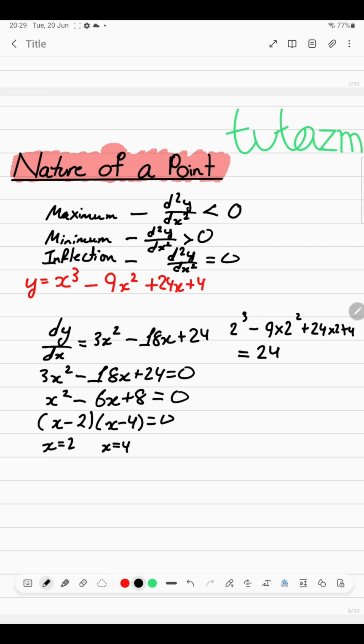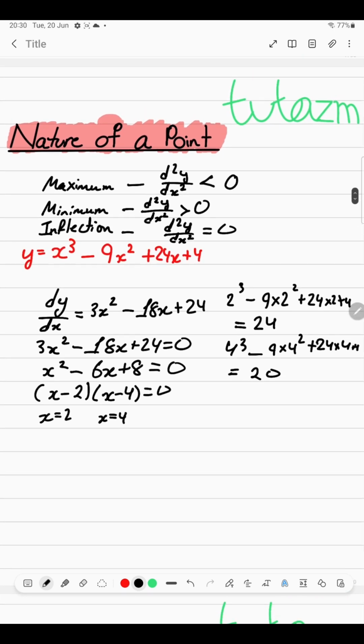Which gives us 24, and then 4 cubed minus 9 times 4 squared plus 24 times 4 plus 4, which gives us 20.